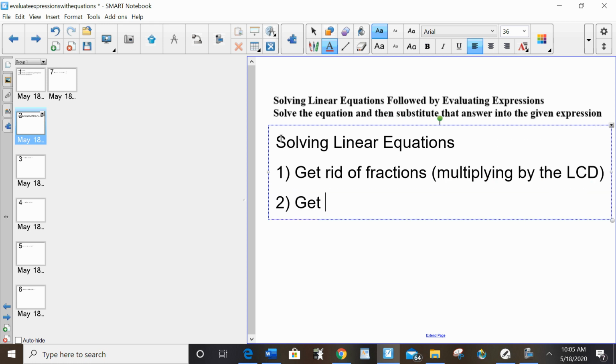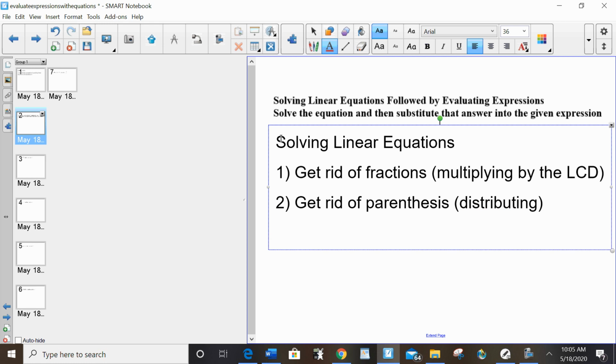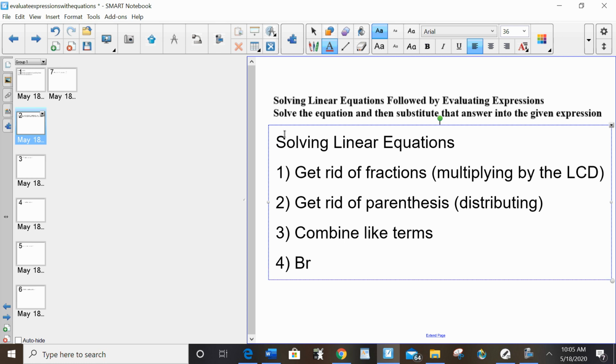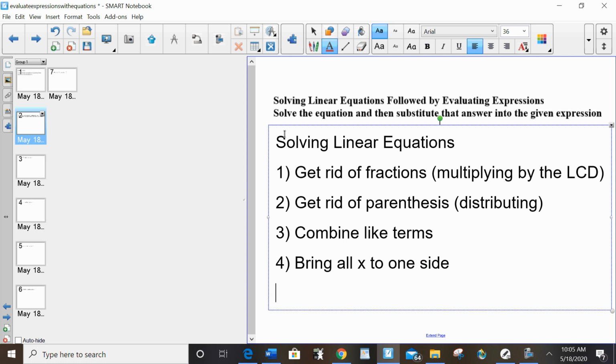Then we want to get rid of parentheses by distributing. Combine like terms. Bring all x to one side. And then we isolate. We add or subtract first. Divide last.